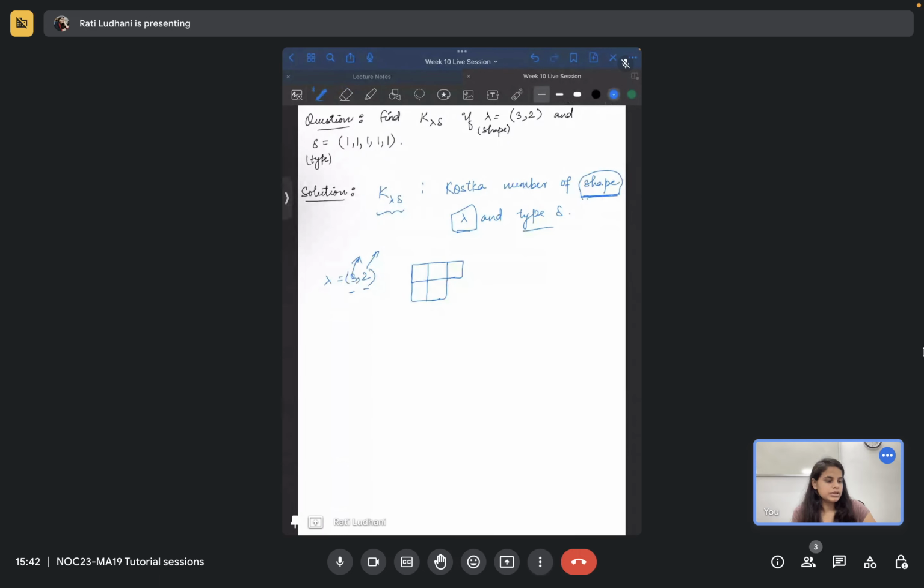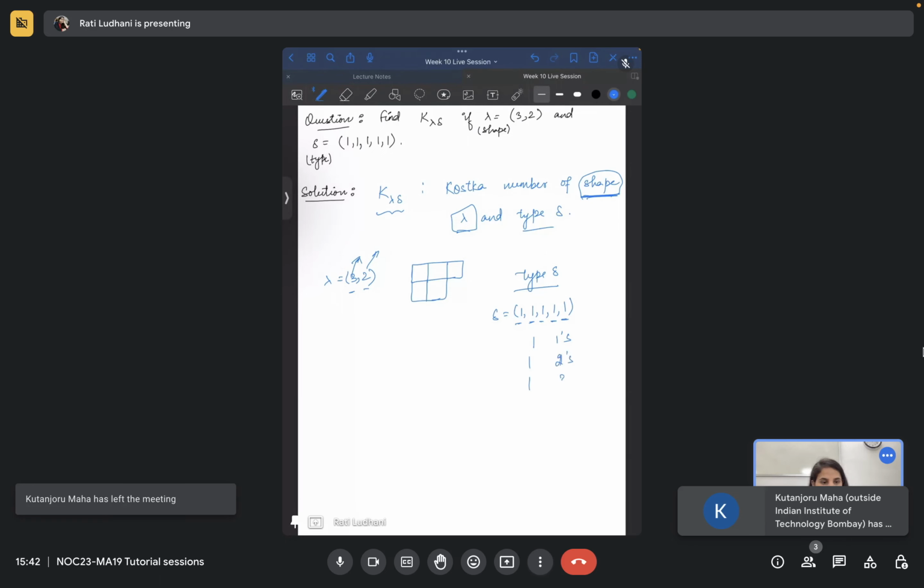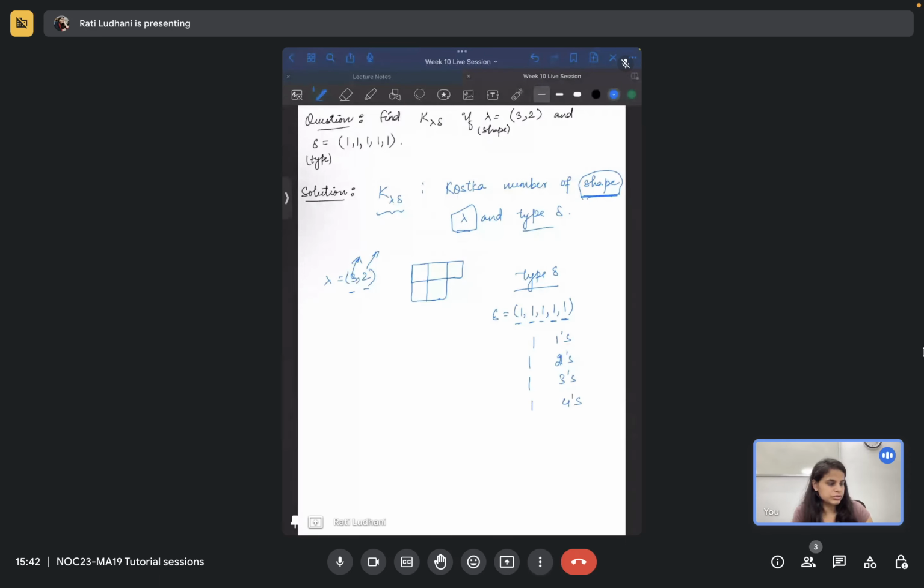Now what is type? For example, delta is given to be 1 1 1 1 1. Whatever the position says, you consider that many of those numbers. So this is 1 one, 1 two, 1 three, 1 four.